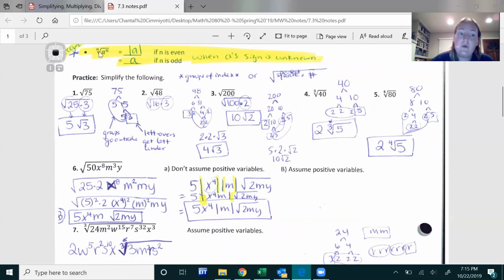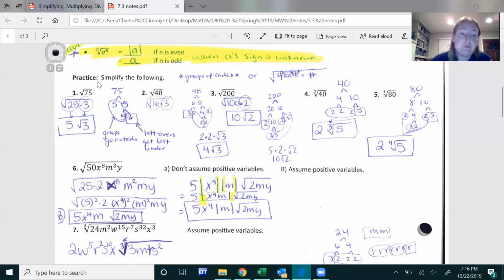When you're taking an nth root of something to the nth power, you want to put bars around it if n is even. And you don't need to worry about that, and in fact don't want that, when n is odd. That's only when the sign of your a is unknown. If you know what it is, then you just have to follow the rules from prior lessons.